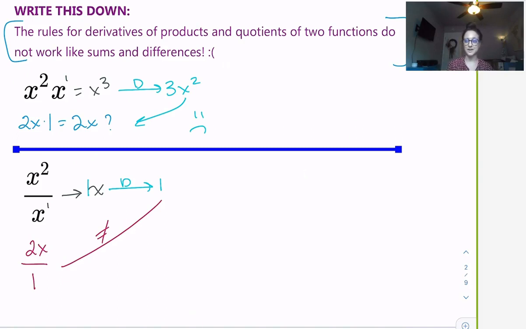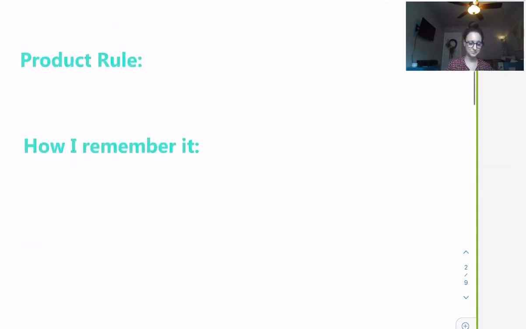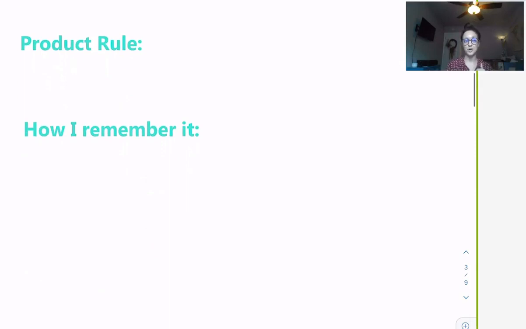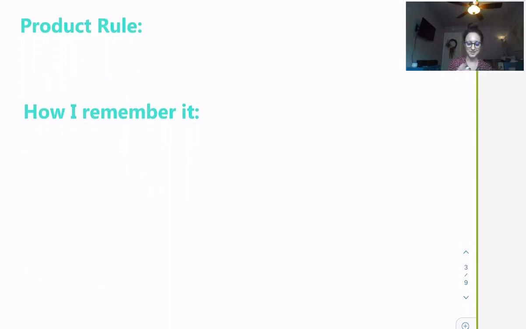So let's take a look at what we are supposed to do. All right, so product rule. Will you write this for me? If I have a function, and I will call it h of x, if h of x is equal to some function f times another function g, okay, I know that h prime is not equal to what? It's certainly not equal to f prime times g prime, okay?